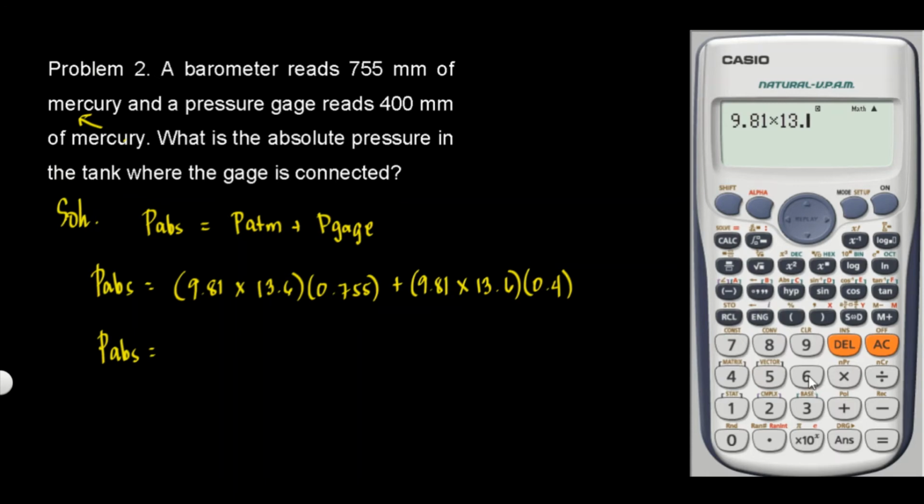So, i-add ko na lang yung dalawa, parehas lang din naman. So, 0.755 plus 0.4. Same lang yan, pinactor out ko lang yung 9.81 by 13.6. So, the answer is 154.09 kilopascal. There. So, this is the answer.